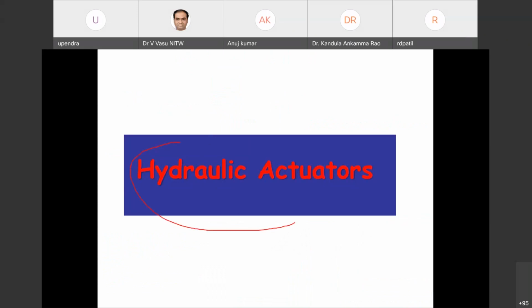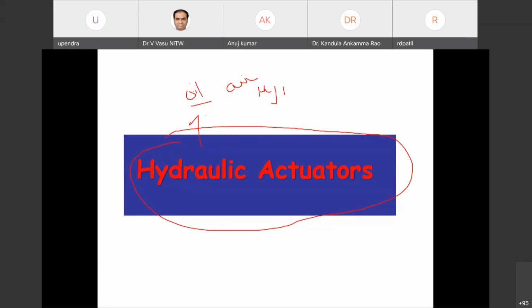This is another important thing, where we have hydraulic and pneumatic actuators. In hydraulic actuators, oil is used as the working fluid. If air is used as the working fluid, then it is called a pneumatic actuator.